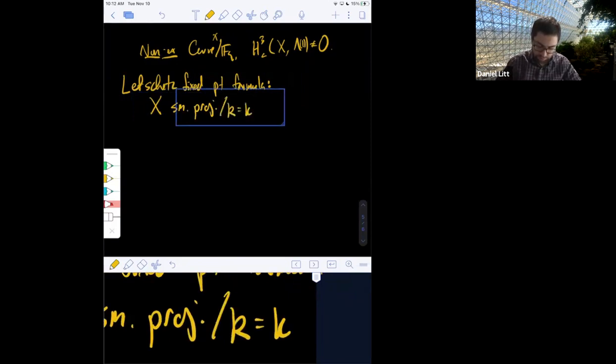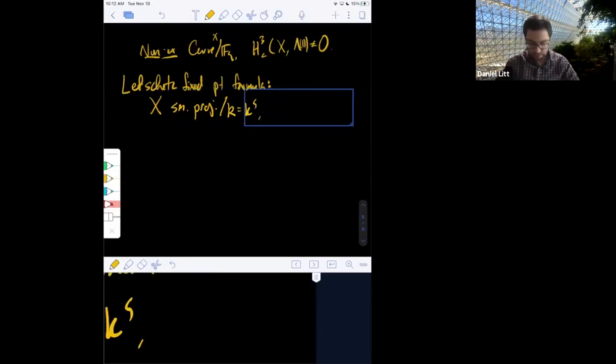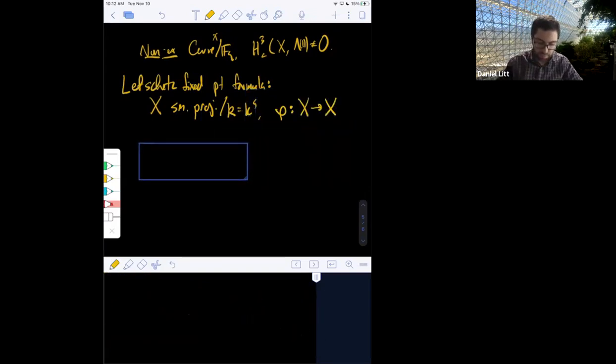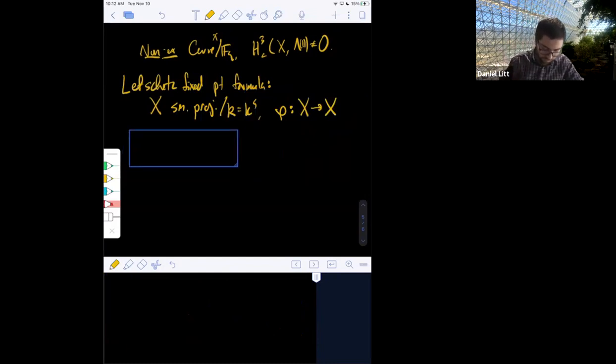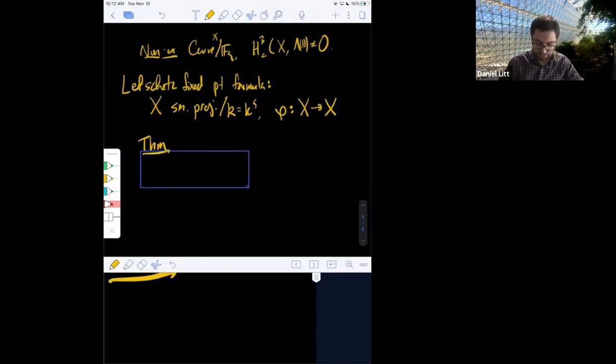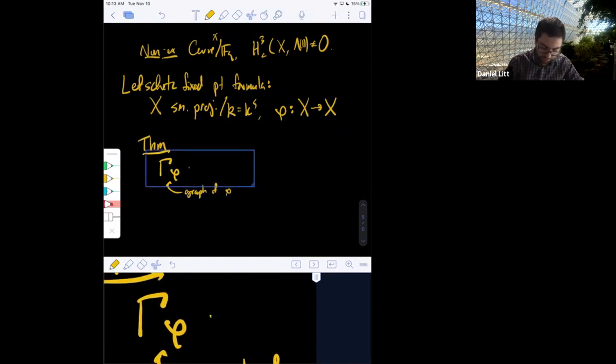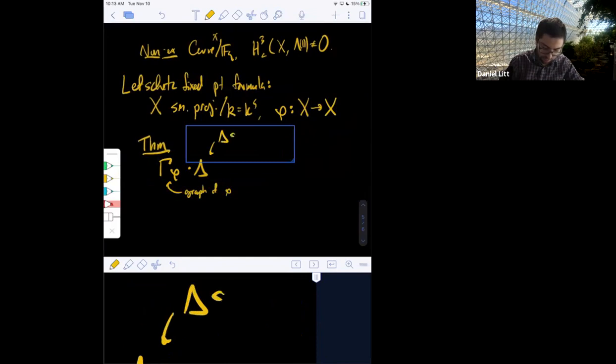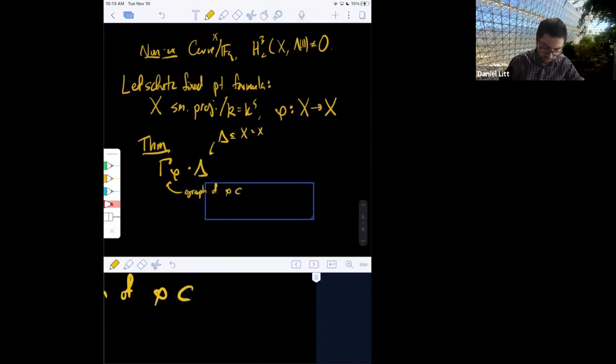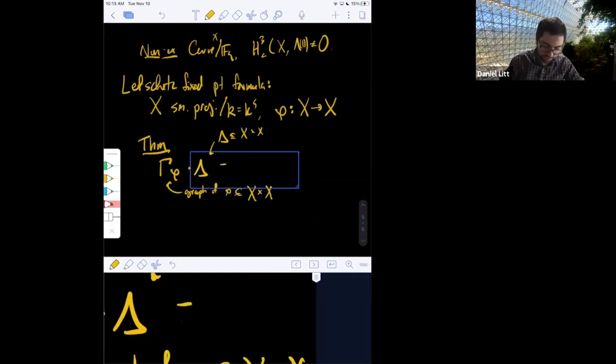Over a separably closed field, suppose phi is a map from X to X. Then the theorem, and I'll discuss what this means in a second, is that if we take the graph of phi and intersect it with the diagonal, both inside X cross X, this is, if you'd like, an intersection product in the Chow ring, but I'll give another way of making sense of it that we already know.